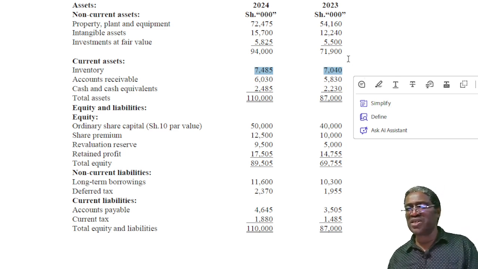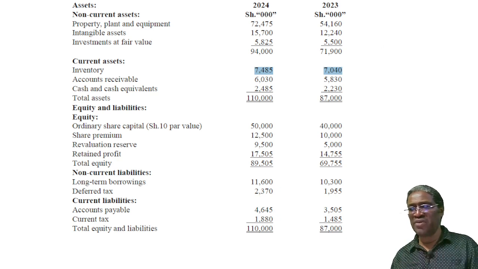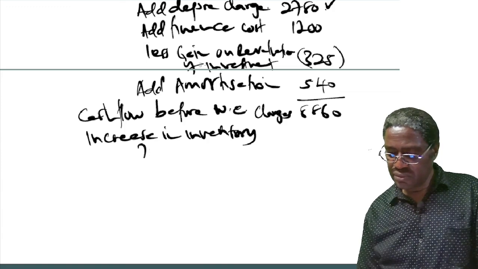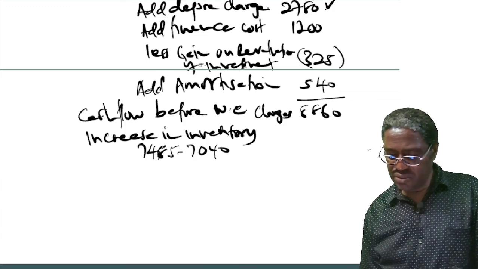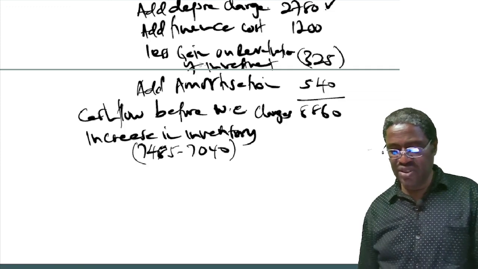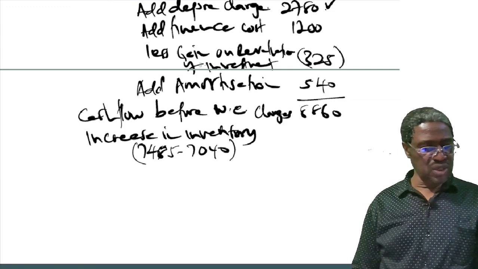Last year 7040, this year 7485. So we are getting 7485 minus 7040. What does it give us?